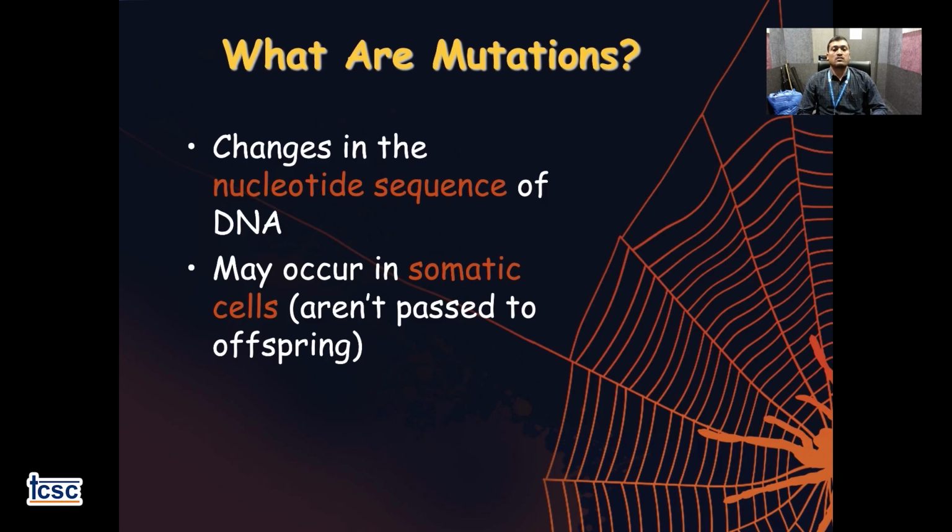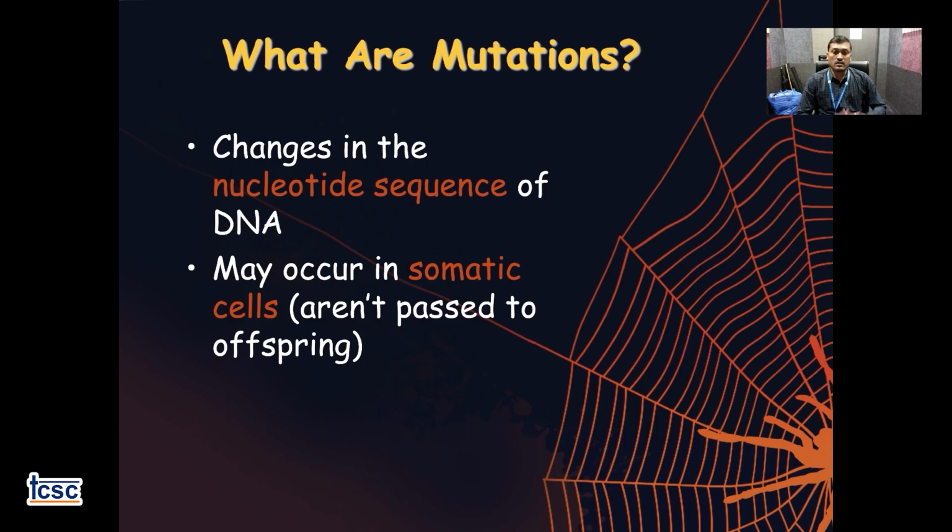Let's discuss somatic cells first. Somatic cells are there for the growth and development of the individual. And what is meant by germ cells? Germ cells are reproductive cells, meaning they are further converted into gametes.